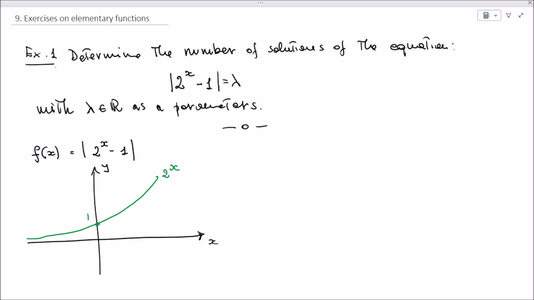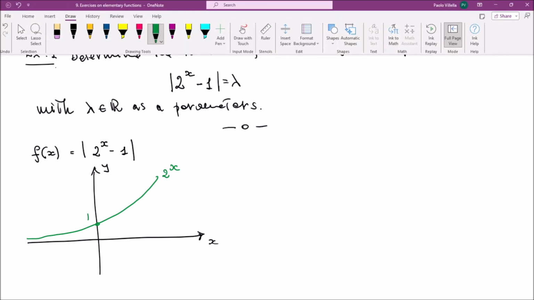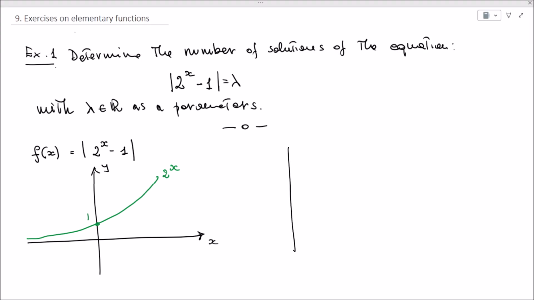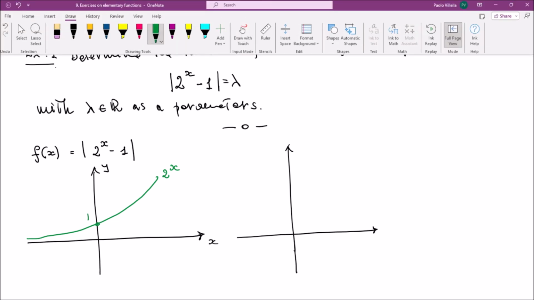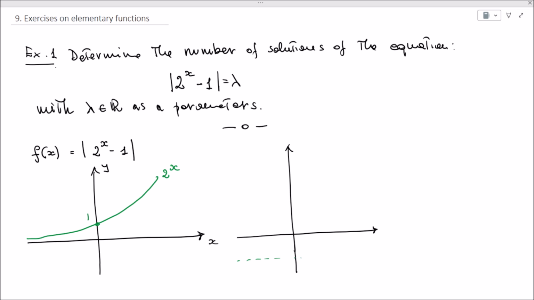Now we need to shift this graph downward by 1. So the result would be a new graph. This is just the function 2^x - 1 after a vertical shift downward of 1, which is now crossing at 0.